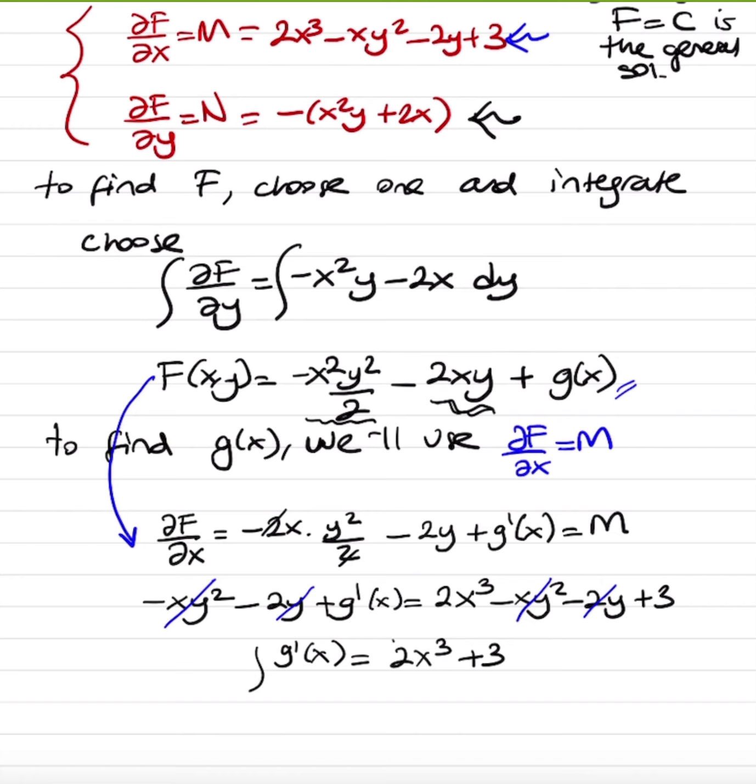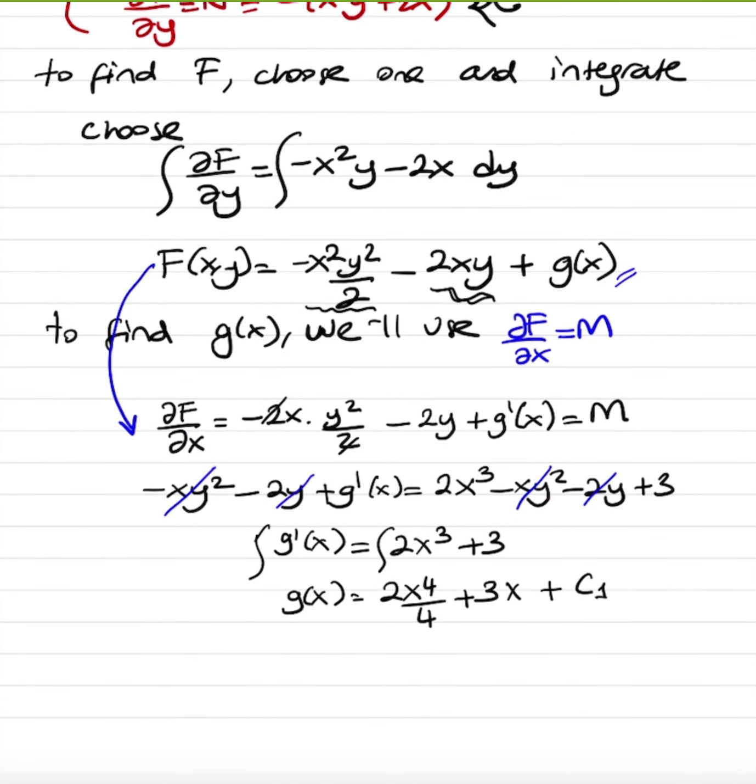And by just integrating, we can find g of x. It is 2x to the power 4 over 4 plus 3x plus, let's write c1. So we will cancel these ones. Then what is f of x?